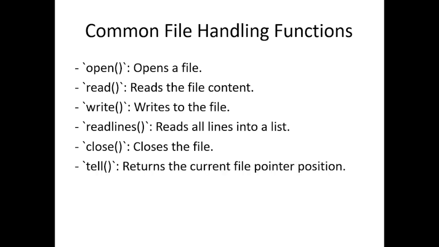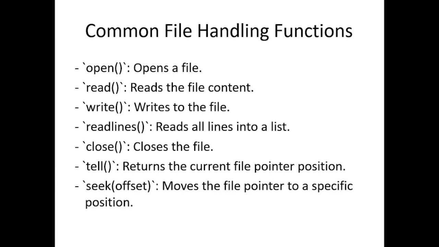The tell function returns the current file pointer position, and the seek function moves the current pointer position to a specific position. All these functions are present in the TextIOWrapper class, and to access these functions we have to create an object of that class.